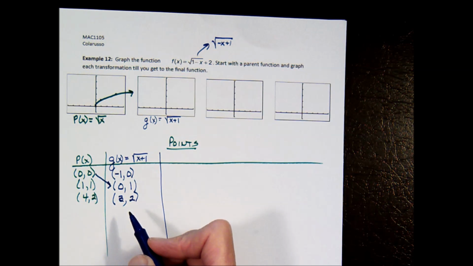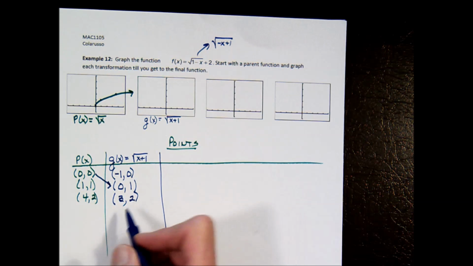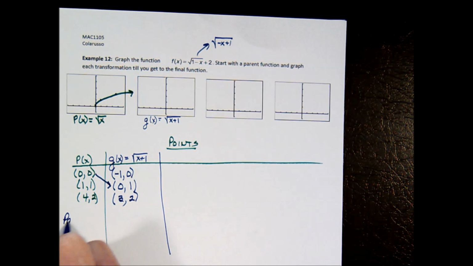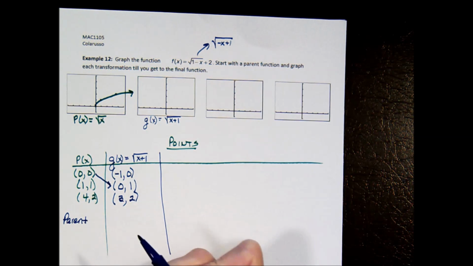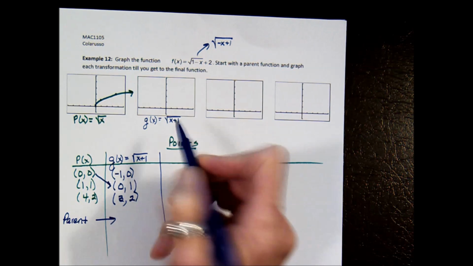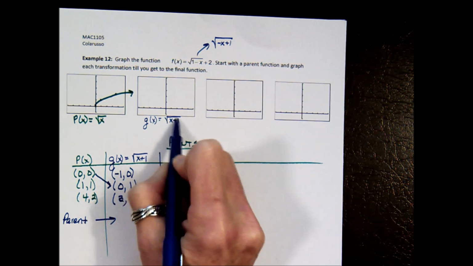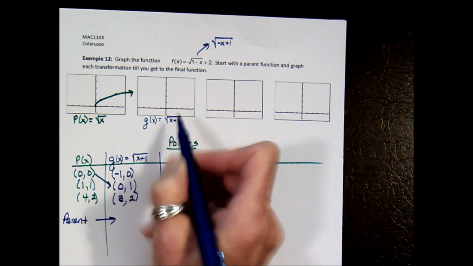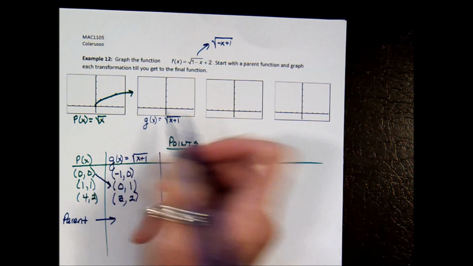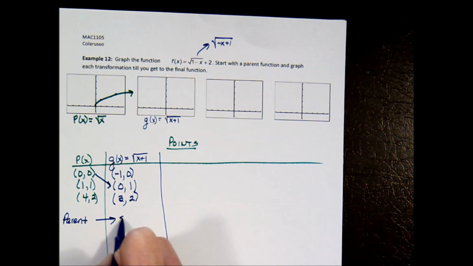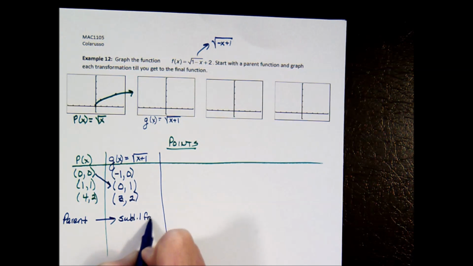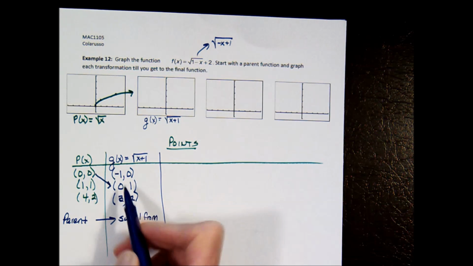So what was I really doing? I started with a parent function, and because this is inside the function, that means it was a horizontal shift going left 1. So what I did was I subtracted 1 from my x, those points.